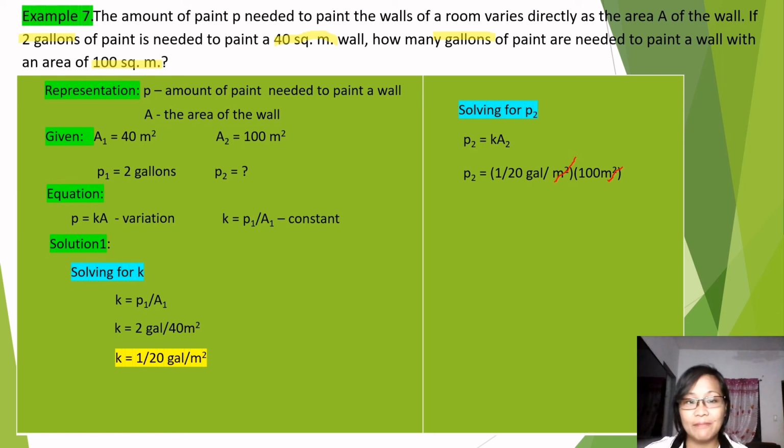Then, after that, we're going to multiply 100 times 1 over 20. So, we can cancel 20 and 100. So, 20 divided by 20 is equal to 1. And 100 divided by 20 is equal to 5. So, 1 times 5 is equal to 5. And of course, gallon remains. Therefore, our answer is 5 gallon.